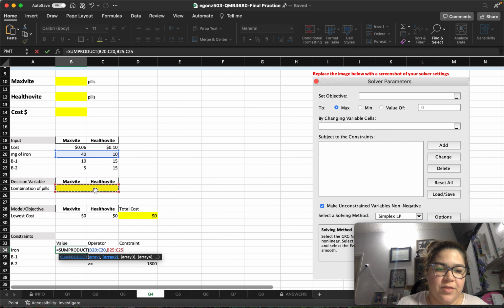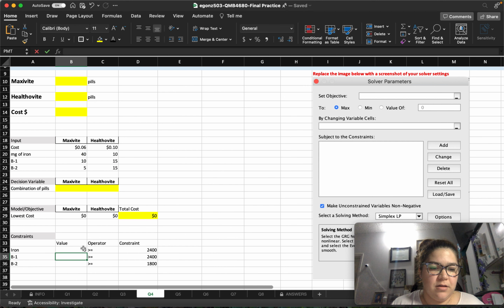And for this one, I'm going to go ahead and lock it. When I drag it down, this one is going to move to be vitamin B1 and vitamin B2, but this one is going to stay because I don't want this one to be dragged down. So I'm going to press Command T because I'm on a Mac. Otherwise, you press F4. And then that should be it. All right, let me go ahead and drag it down. Okay, it should show 0.